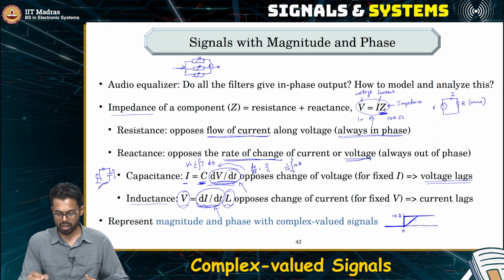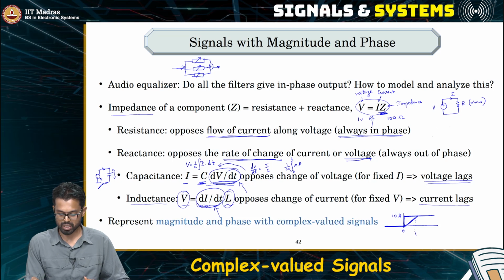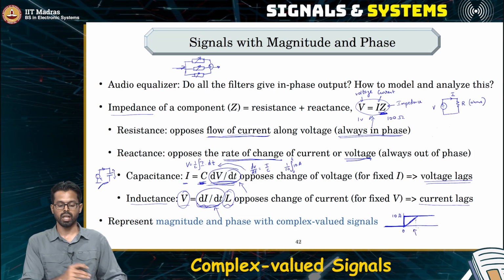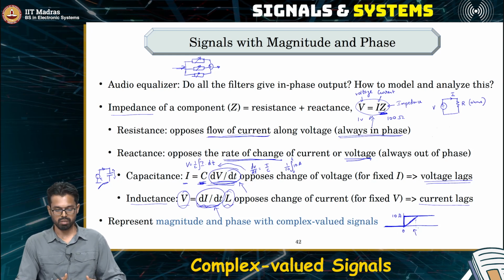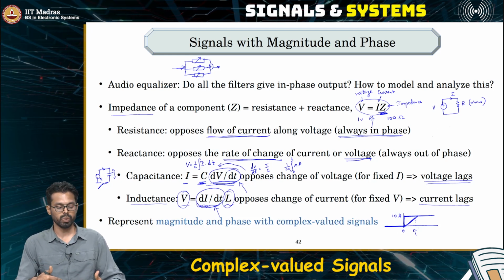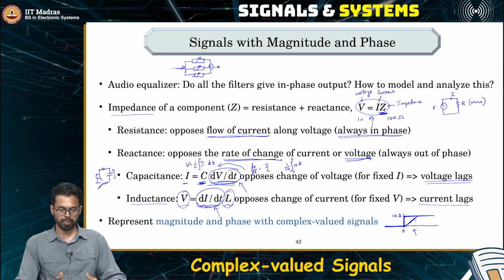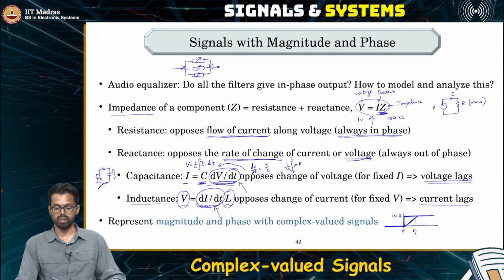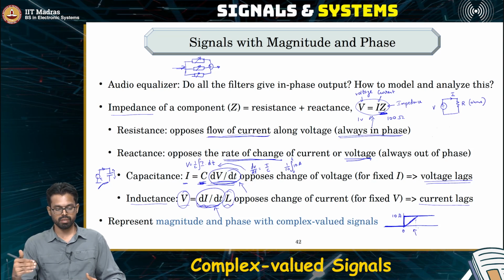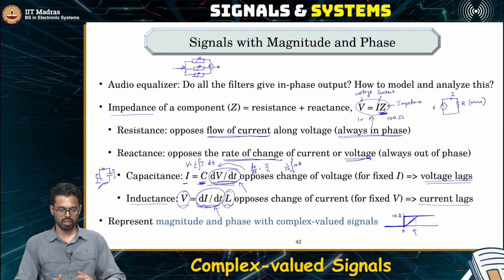The current will lag behind, like how the voltage lagged behind here. So in capacitance, the voltage is lagging behind, which means there is a phase difference between the current and voltage. In an inductor, there is a phase difference between the applied current and the voltage. So there is always a phase difference whenever we use capacitors and inductors.